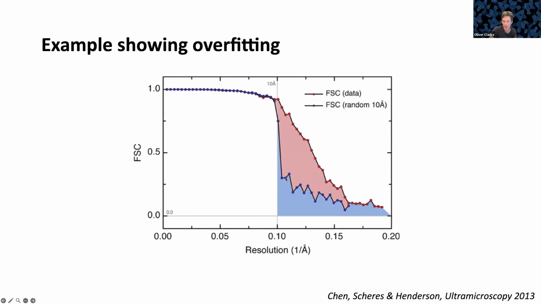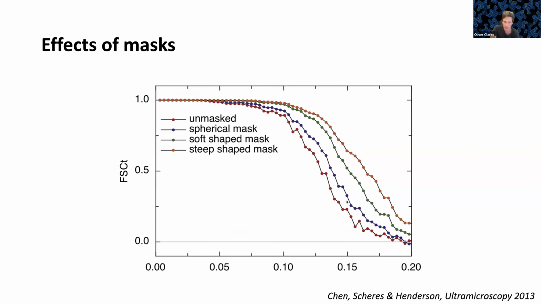If you use a mask that has a very narrow soft edge, then what you see is substantial correlation that extends well beyond that threshold resolution. That corresponds to significant overfitting, which you can see here for different masks.